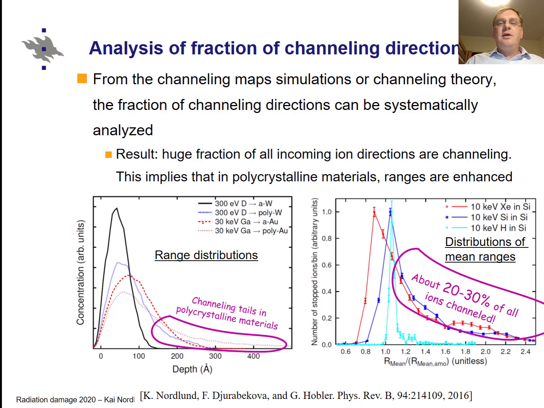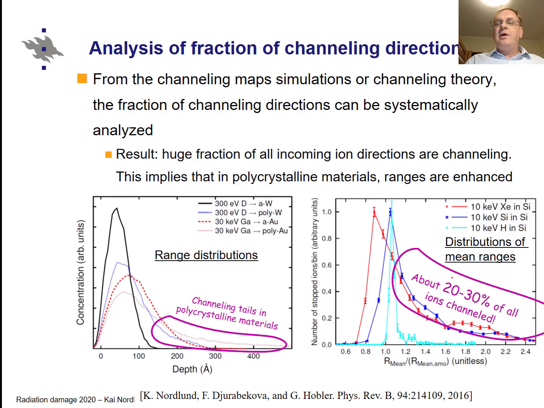But in polycrystalline, you can have. So here you see that, for instance, ion ranges in polycrystalline tungsten are clearly longer than ion ranges in amorphous tungsten. And the same is here for gold, amorphous and polycrystalline gold. This is because if you have a polycrystalline material, with some probability you will hit a channeling direction. This leads to these channeling tails.